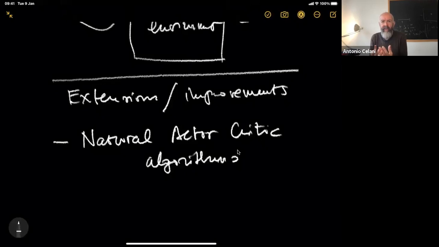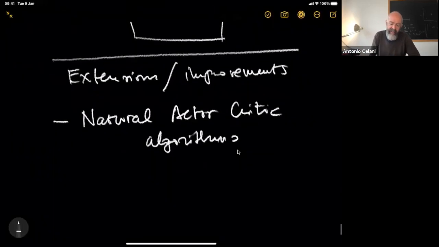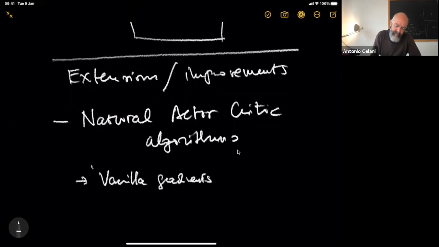Okay, so this can affect learning because the actual numbers that you put in front of your improvement change the dynamics of your learning algorithm. Okay, so one important aspect is that so-called vanilla gradients, which are the ones that we described here, depend on parameterization.